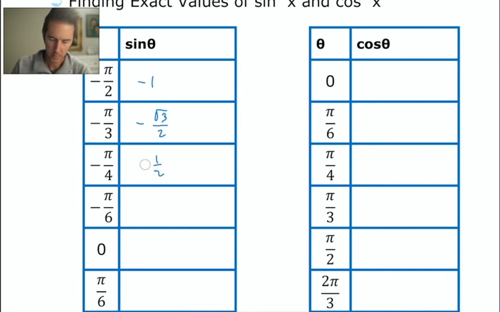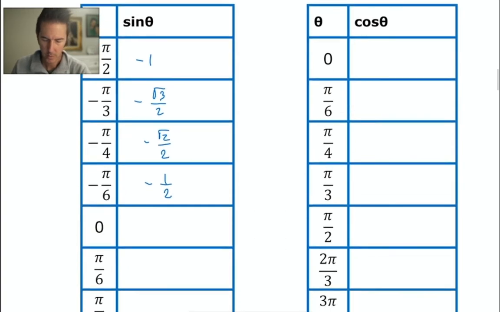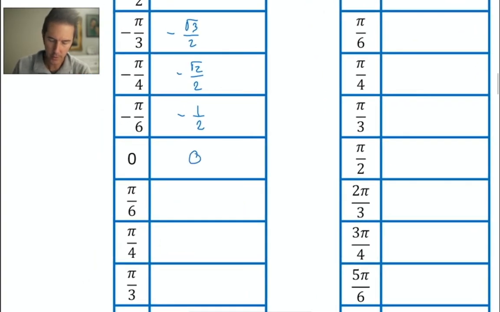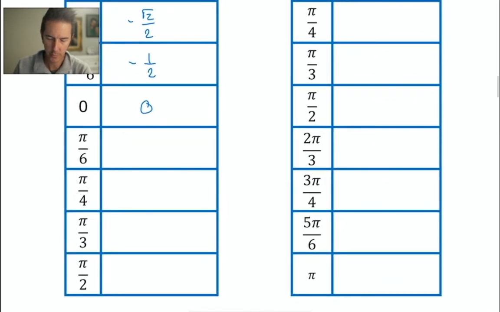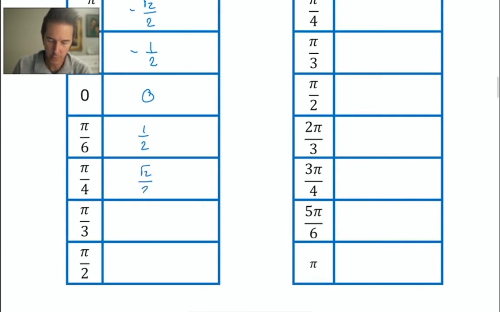Negative pi over 6 is going to be negative 1/2. This is going to be negative root 2 over 2. At 0, we're still crossing through the origin, and then we move into the first quadrant results that we're used to. At pi over 6, the sine function equals positive 1/2, and then positive root 2 over 2. At pi over 4, then root 3 over 2, and finally positive 1. Okay, opposite over hypotenuse. Yes, looking good.